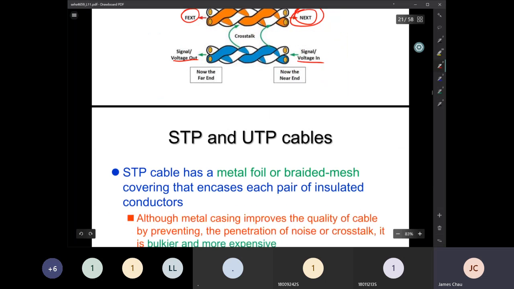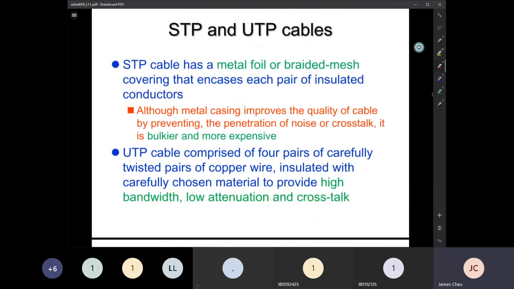And here we try to introduce the difference between STP, shielded twisted pair, and unshielded twisted pair cables. For the STP cable, we have a metal foil or a braided mesh, so that we use copper to build up a shield to surround the cable.